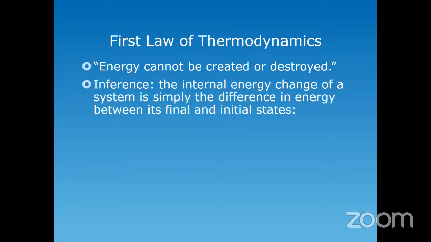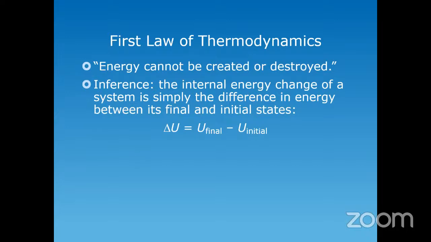And one conclusion we can come to is that when it comes to a system, the internal energy change in a system is simply the difference in energy between its final and initial state. So internal energy is one of those state functions, right? And the change in internal energy of a system depends only on the initial and final states, and it doesn't depend on the journey as it goes from one state to the next, all right?